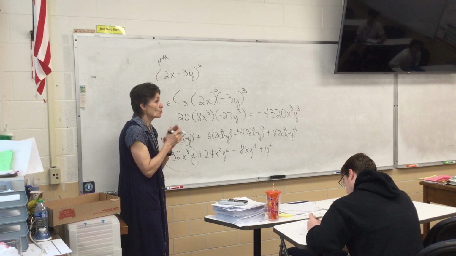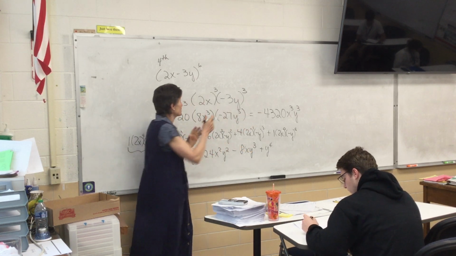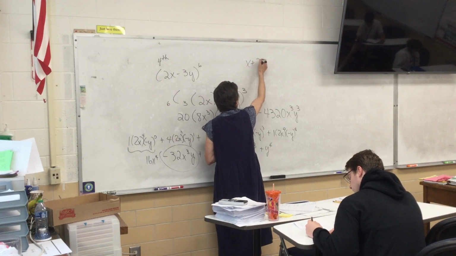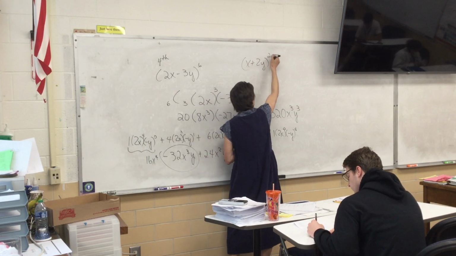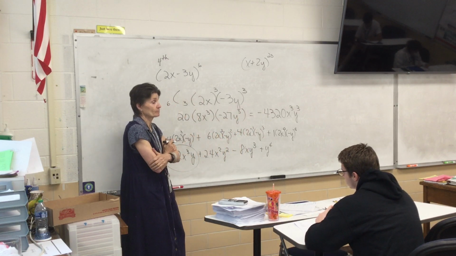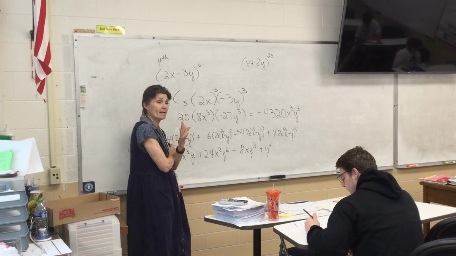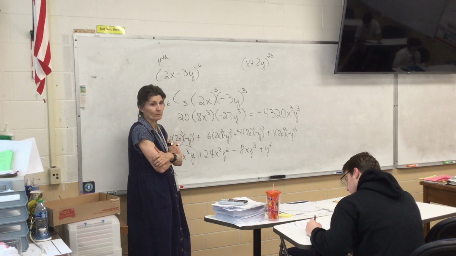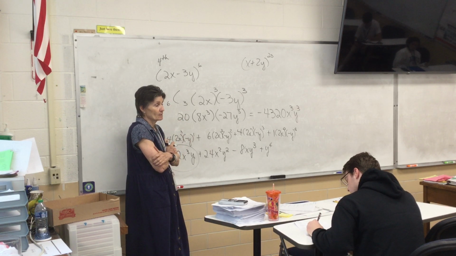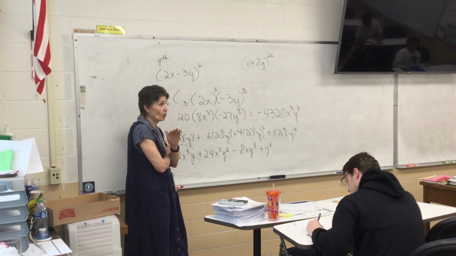All right? So quickly, let's do the next one because it's a huge expansion. X plus 2y to the 20th. And for some reason, we want the third term of this. So even if you're a Pascal triangle fan, which I am, there's no way I'm doing it with this problem. So what do I need for my coefficient?